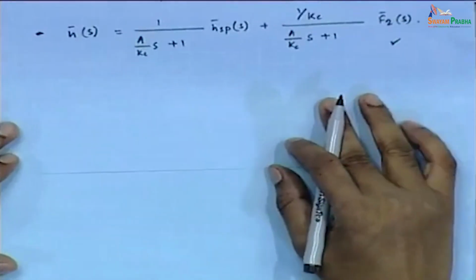Fine. Now, we will conduct the servo and regulatory tests to observe the closed loop process behavior. First we will consider the servo test.